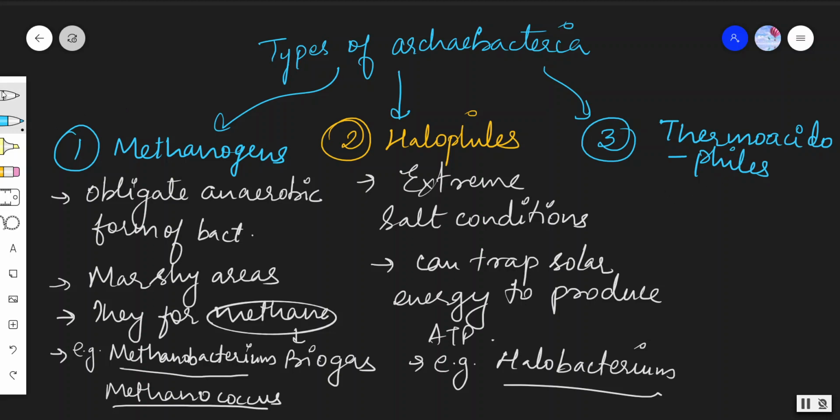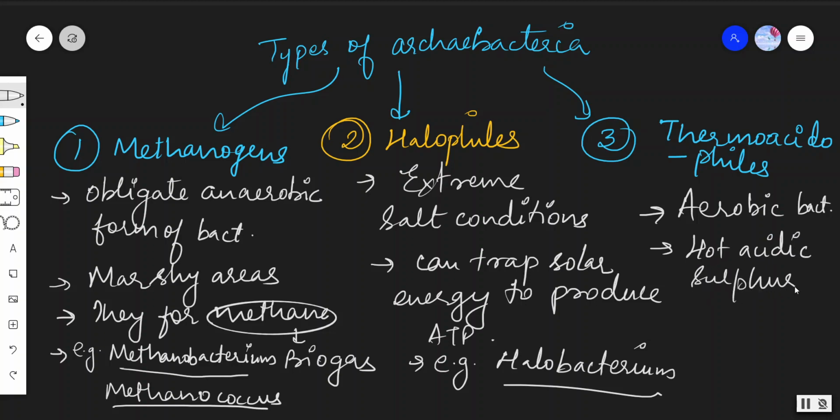Thermoacidophiles. And what are the basic characters of thermoacidophiles? They are aerobic bacteria, and they are found in hot acidic sulfur springs.